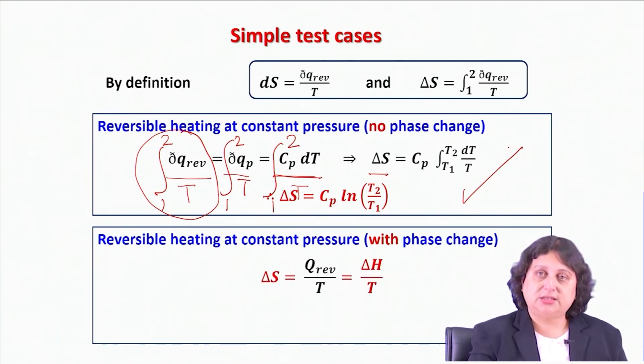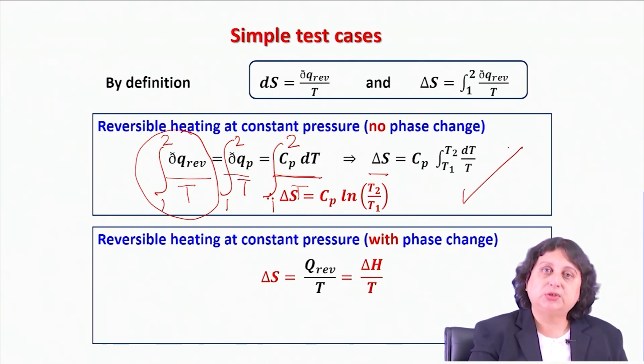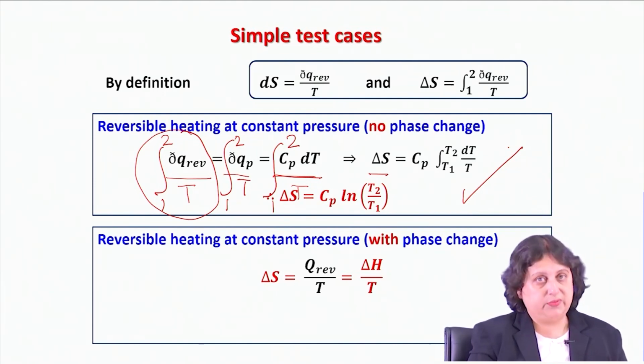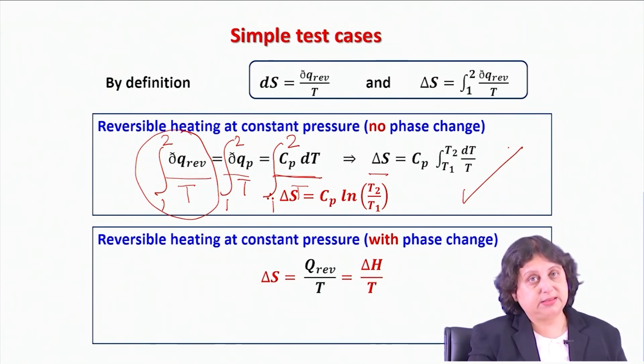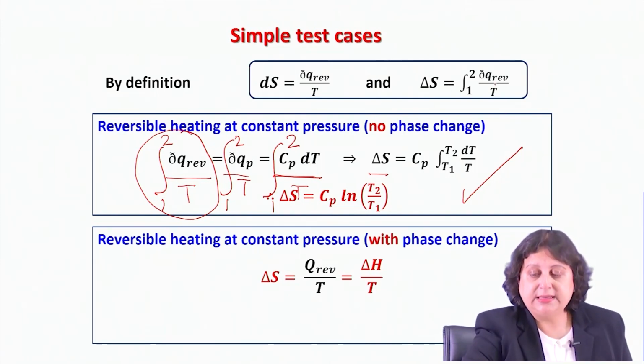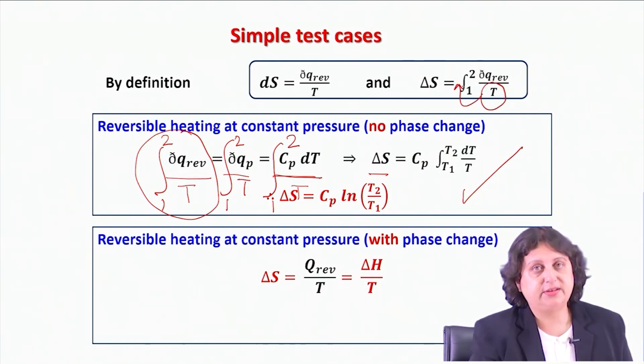Under such condition, you must realize that while you are supplying the latent heat, the entire amount of heat is used up to convert the solid phase into the liquid phase, and the temperature remains constant as long as this phase transition is taking place. And therefore, under such condition, as temperature remains constant, I can take the T out of this integration.